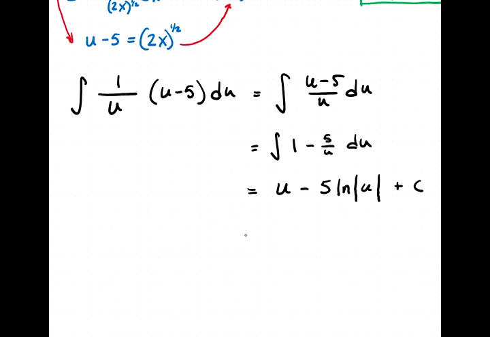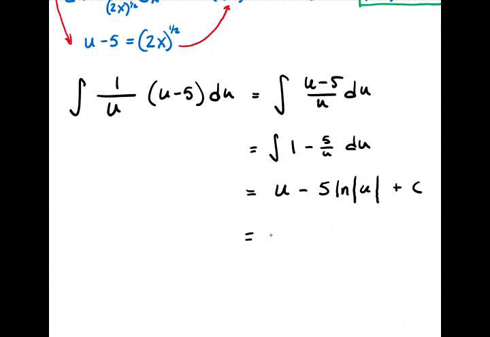So when we go back to x's, we'll have 5 plus the square root of 2x minus 5 times the natural log of the absolute value of 5 plus the square root of 2x, plus c. Now the last thing to notice here is that we don't need those absolute value bars because the square root of 2x is always going to be non-negative.